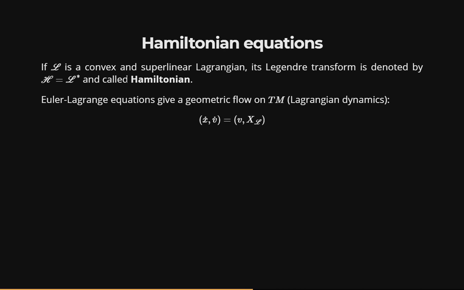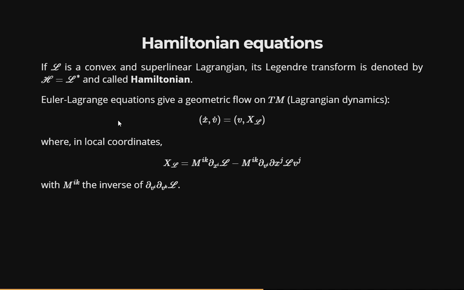Now, with a Lagrangian, you usually end up writing down the Euler-Lagrange equations for the functional. The Euler-Lagrange equations give a geometric flow on the tangent space. Why? Because the equations for the Lagrangian can be written like this: x dot is v, and v dot is some vector field.